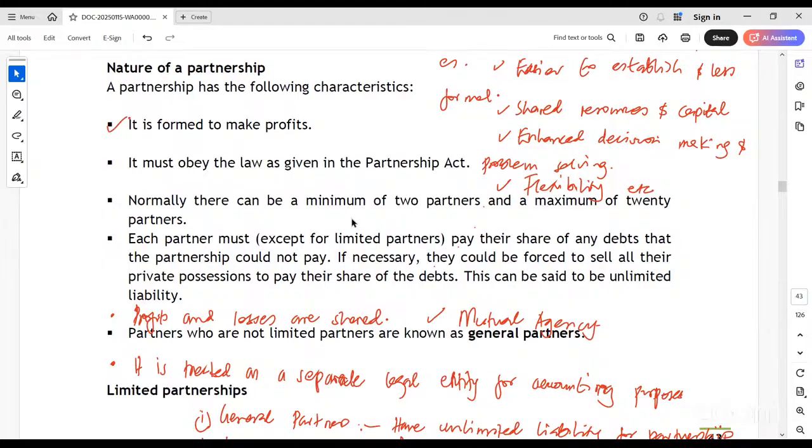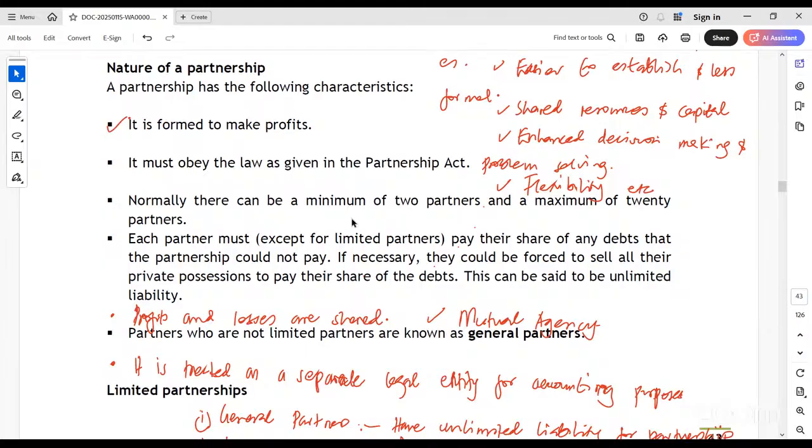By separate legal entity, it means that we have to treat the partnership separate from the partners. That is for accounting purposes. Even though there is no limited liability, we have to treat the partnership separate from its owners, meaning that the partnership financial records are always kept distinct from the personal finances of the partners. That is what separate legal entity means.